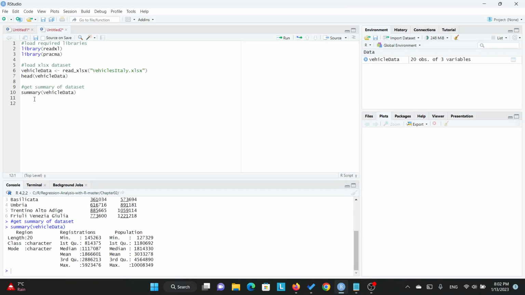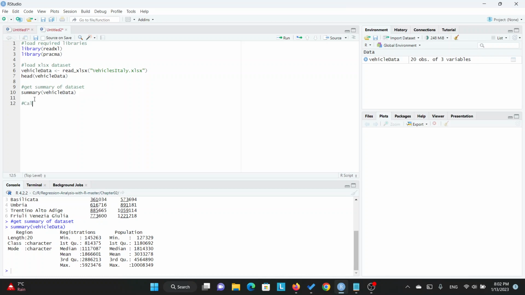Okay, so the next thing we are going to do is calculate the slope of the least squares regression model using registration, the number of registered vehicles, as the response variable, and population as the explanatory variable.